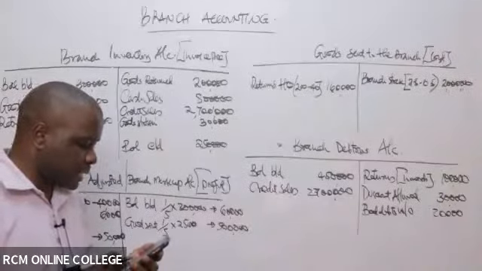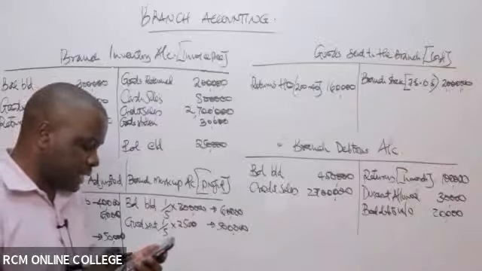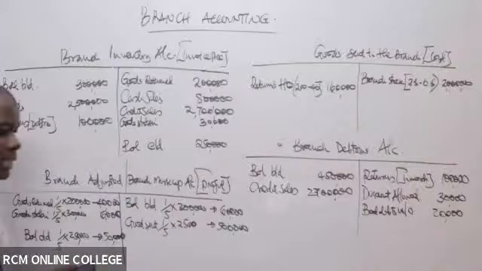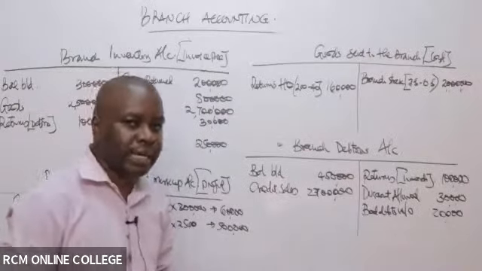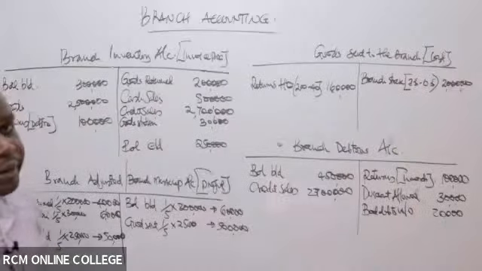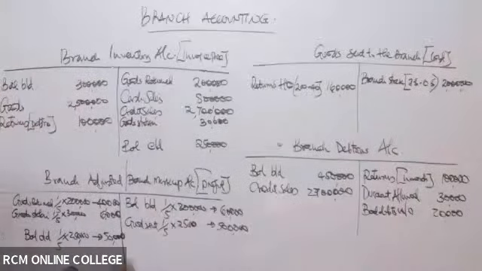Then we have cash sales stolen at the branch, which were not included in the sales. So there was some cash which was stolen at the branch, which was not included in the sales. Whenever you have cash which was stolen, ideally that was part of inventory which was sold. You were supposed to realize that cash, but you never realized it. It's like you lost inventory at the branch.